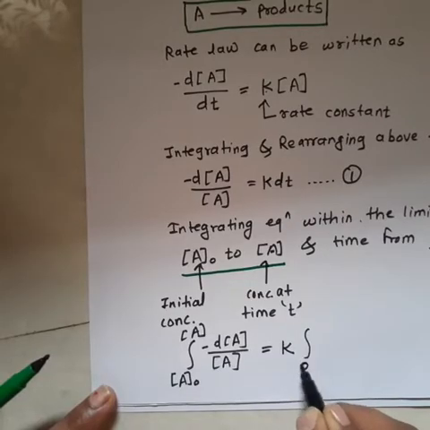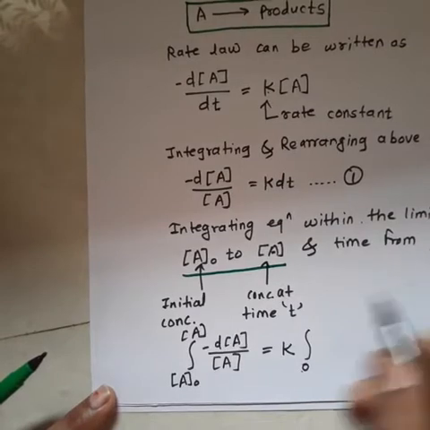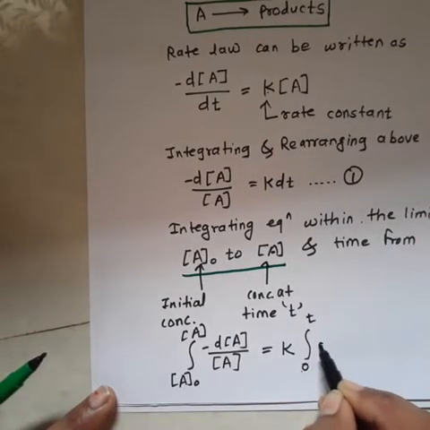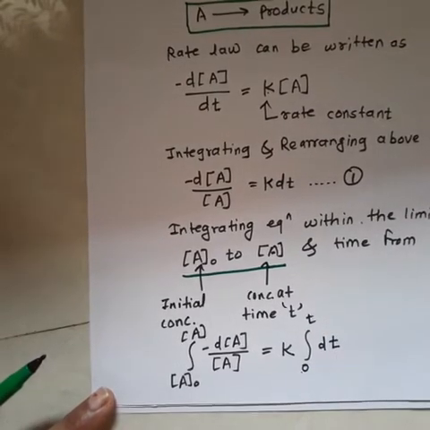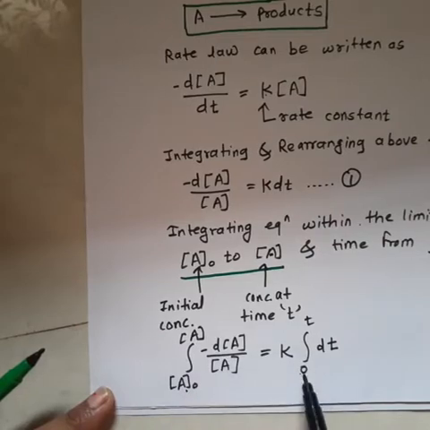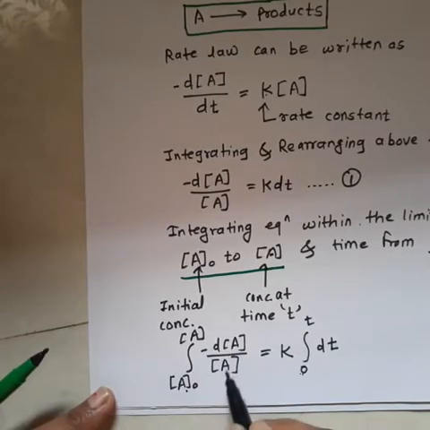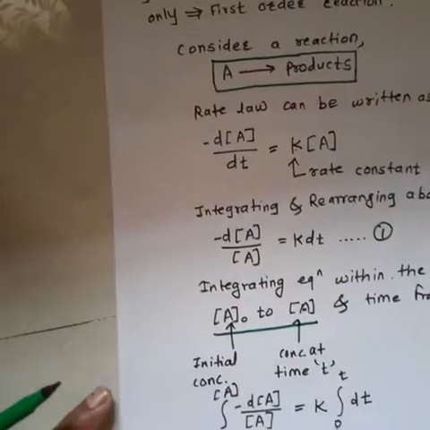What is the integration of 1 upon A? The integration of 1 upon A is ln of A.